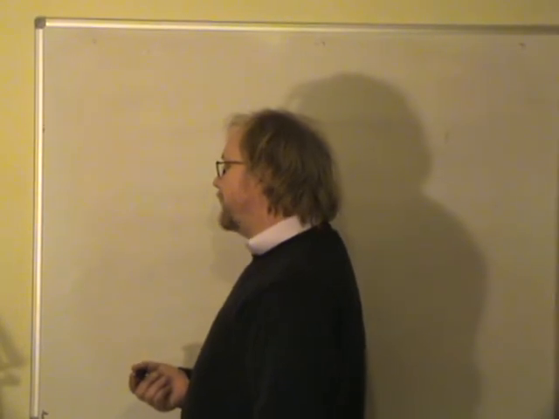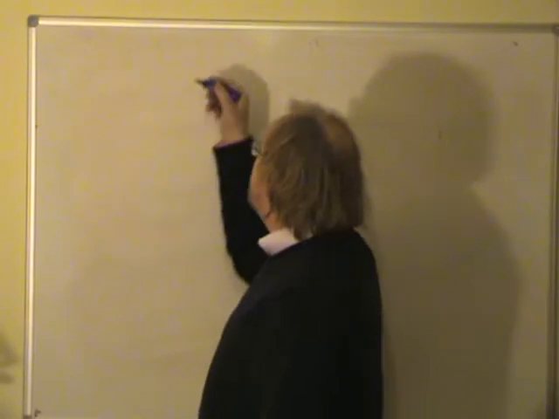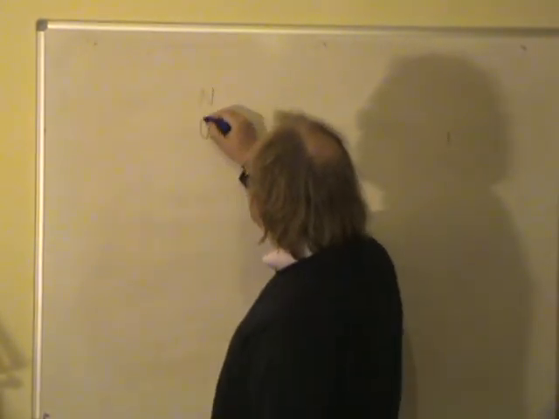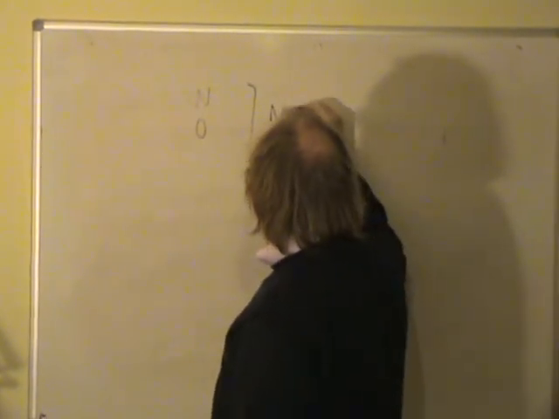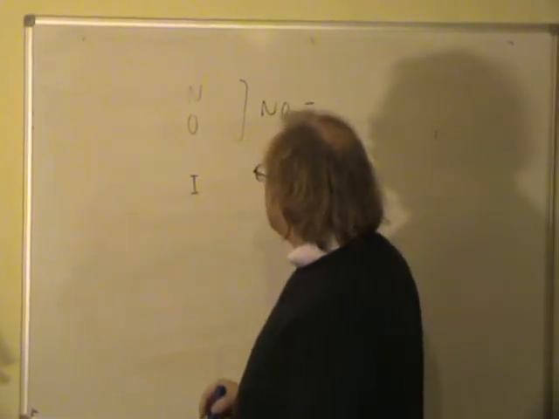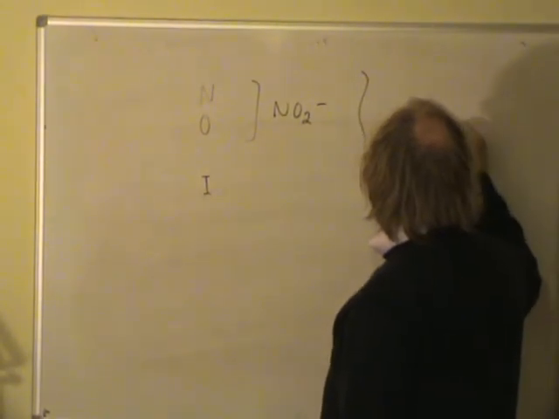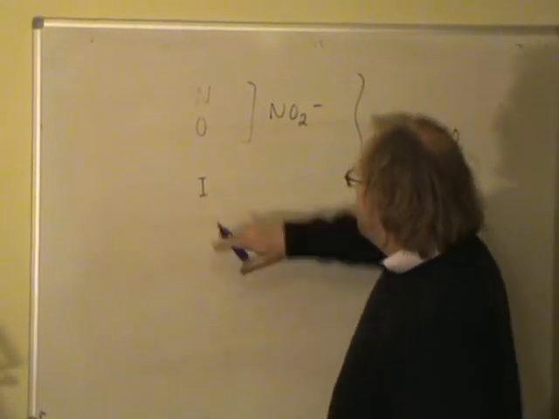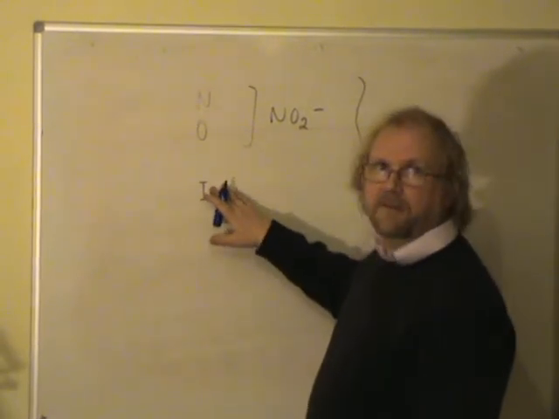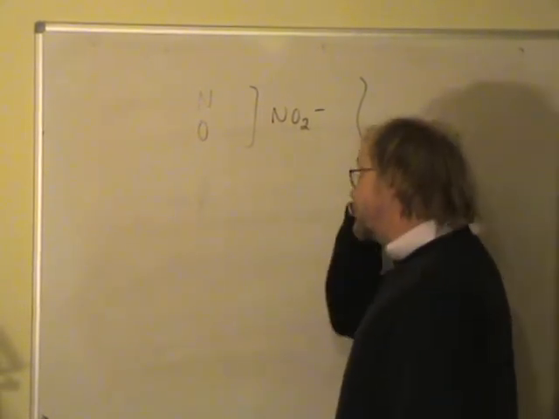So what you have to think is, well, what could that gas be? And if you look at the elements that are involved, you've got nitrogen and oxygen from the NO2 minus, and of course you've got iodine. And out of those you've got to get something with an MR of 30. And it obviously can't be the iodine, because the AR of iodine is much too high, so that drops out of the picture.